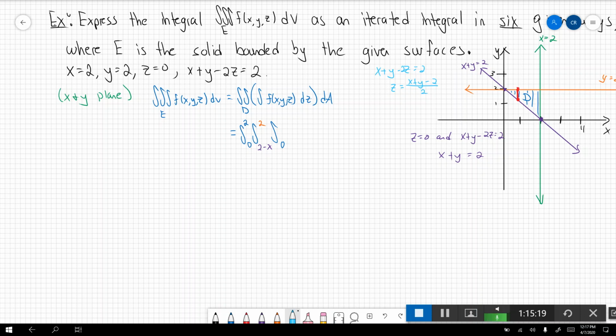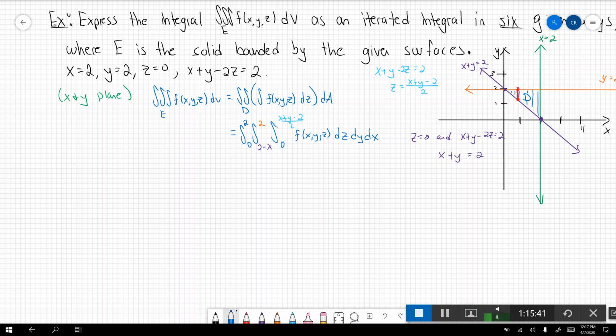So then that means these z values go from 0 all the way to x plus y minus 2 all divided by 2, and that's again for this function f of x, y, z, and that was dz, the innermost. The second innermost was dy, and the last one was our dx.